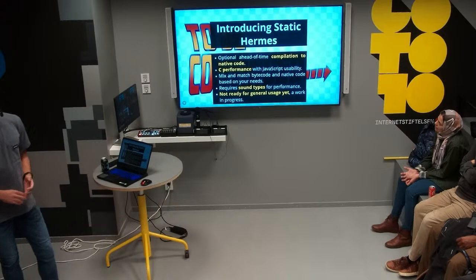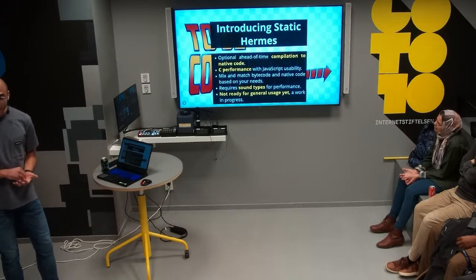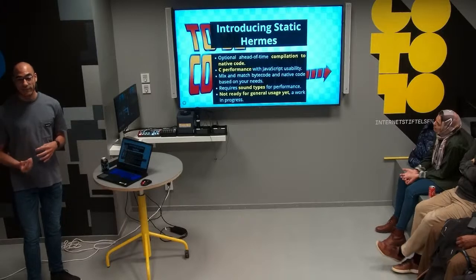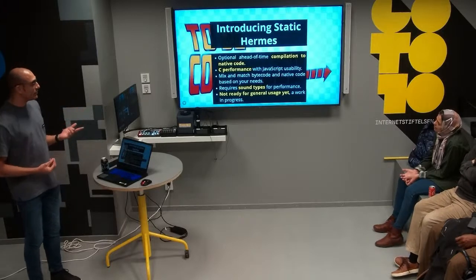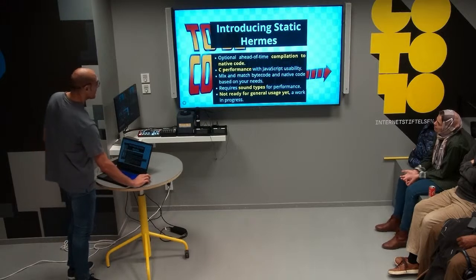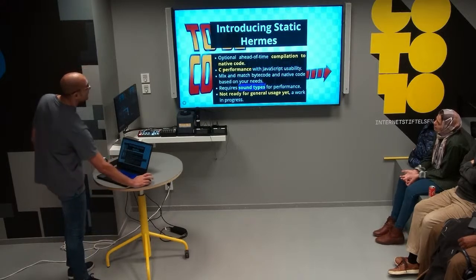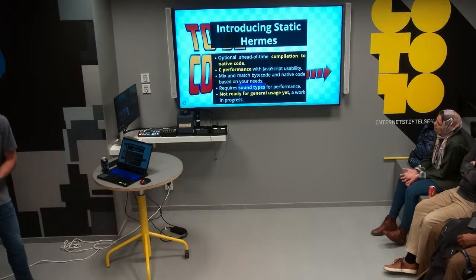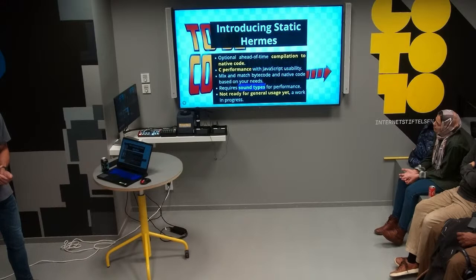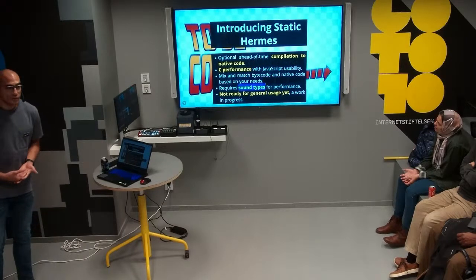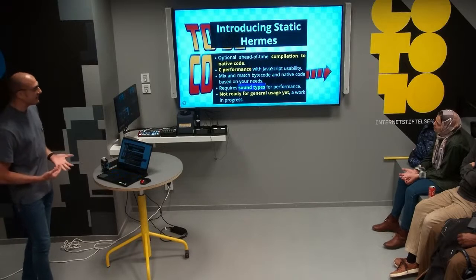What that means is that it's not a runtime. It's literally compiling JavaScript code to native code. But for that, we need some types. What is the problem with languages that don't have types? You can't create really performant native code because you don't know the types beforehand.